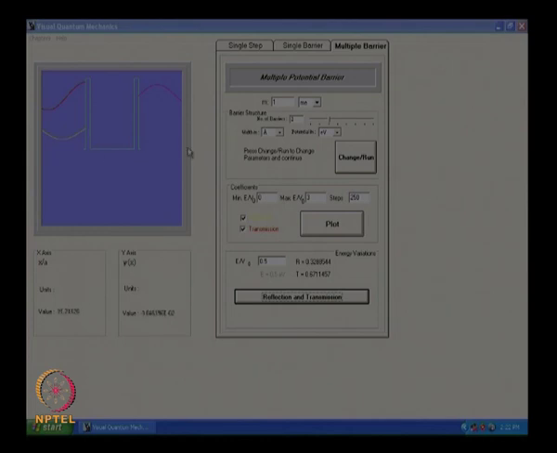You can have 3, 4 or any number, and you can use the software to calculate the reflection and transmission coefficients for a single barrier or multiple barriers or for any potential energy distribution that one can think of. So, this sort of completes the analysis of potential step and potential barrier, and also the potential well problem that we had discussed in our previous lecture.